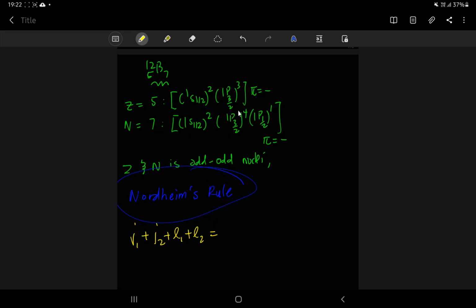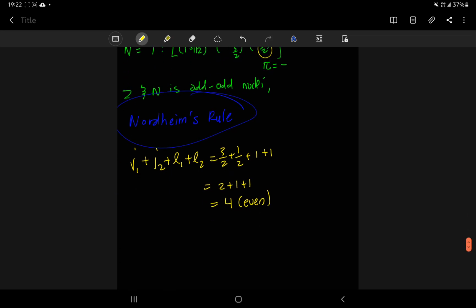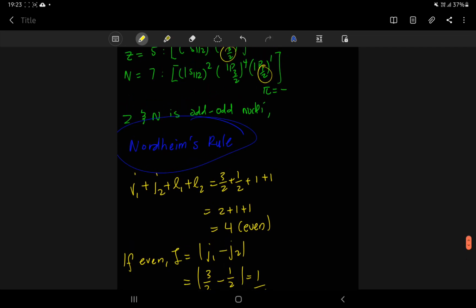J1 is 3/2, plus J2, which is 1/2, plus L1 which is 1, plus L2 which is 1. So 3/2 plus 1/2 is 2, plus 1 plus 1, 4. So this is even. If even, then I total is the modulus of J1 minus J2. So 3/2 minus 1/2 is 1. So the total spin is 1.